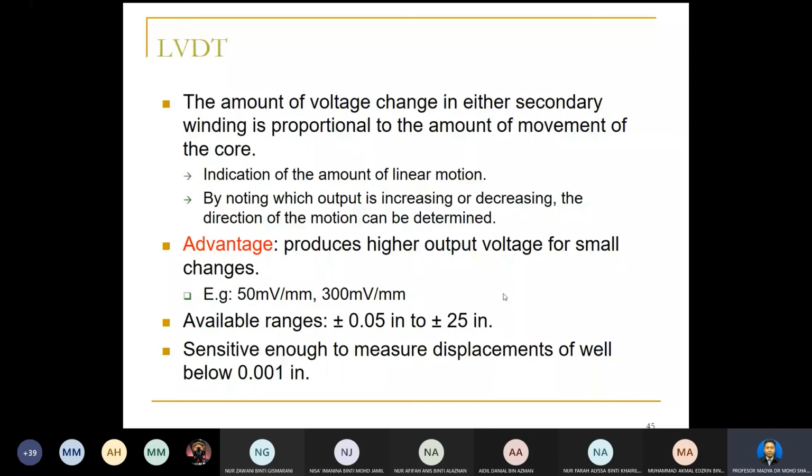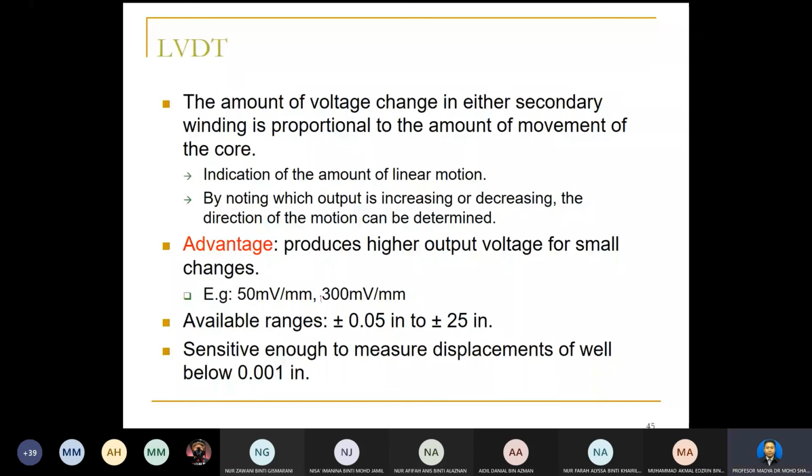The advantage of this LVDT is that it produces higher output voltage for a small change, for example 50 millivolt per mm or 100 millivolt per mm. That means every 1 mm will change 3 millivolt.